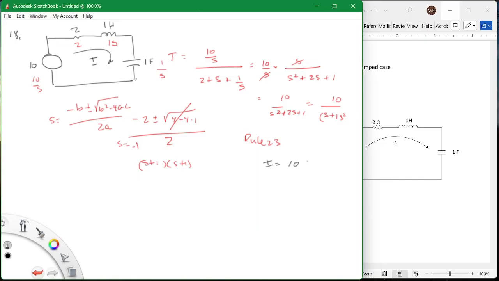Yep. 10t. Yep. E to the minus what? 1t. Okay. Everybody see how this is done?